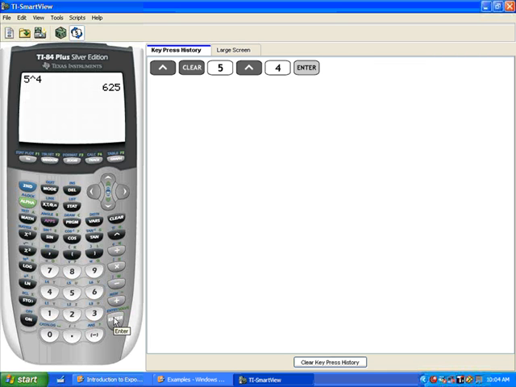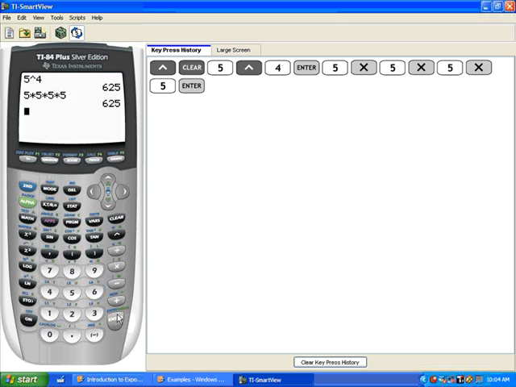And if you want to verify that, you can go back by hand and say 5 times 5 times 5 times 5. Put it in 4 times, and you can see, of course, that it is the exact same thing. So your caret key is going to be your raise anything to any power key.